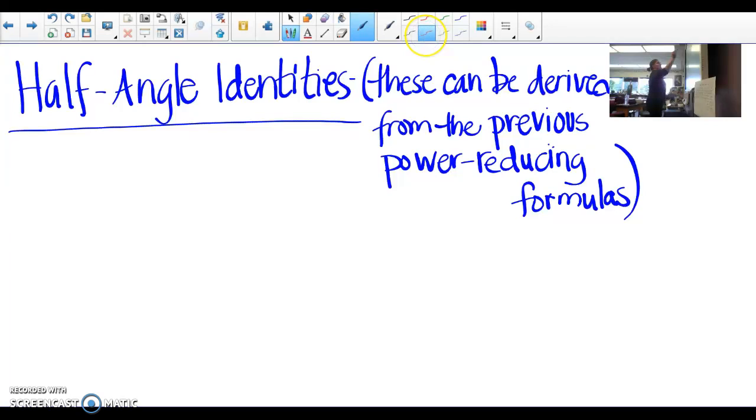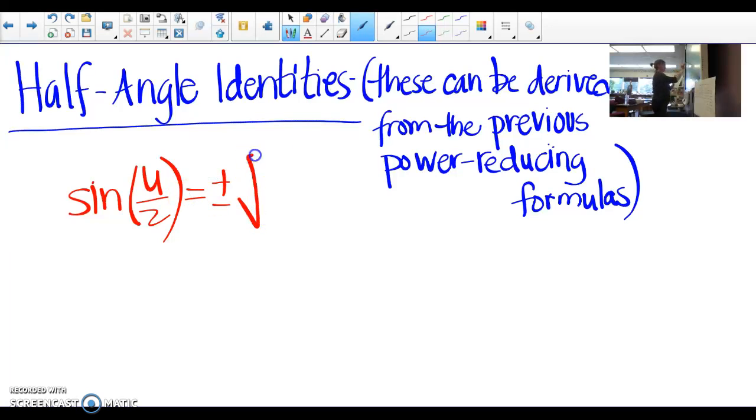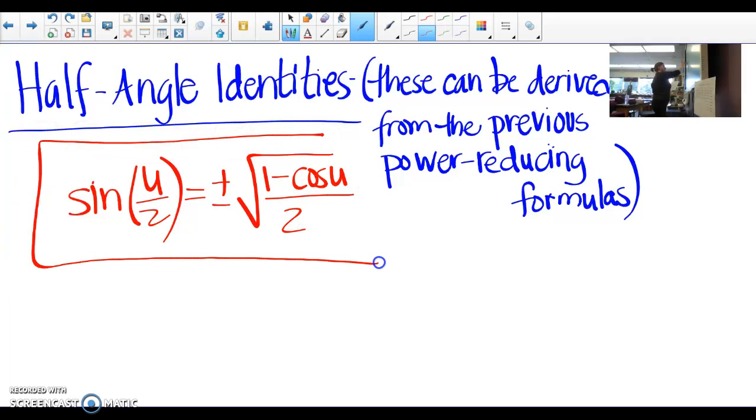And we have sine of u over 2, half of an angle. So if the angle is u and it's being halved, it is equivalent to plus or minus the square root of 1 minus cosine of u, divided by 2. That's one of them. And these can all be derived from the previous power reducing formulas. We'll go through that on Monday. I'll show you how to do that.